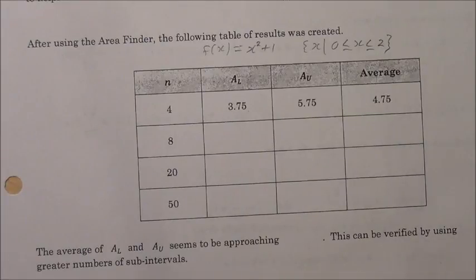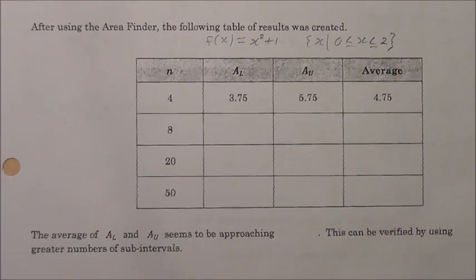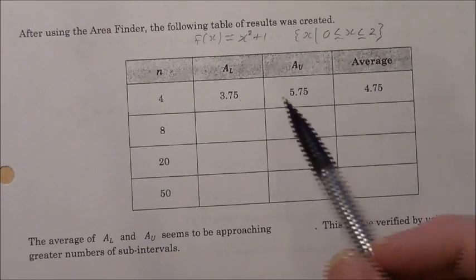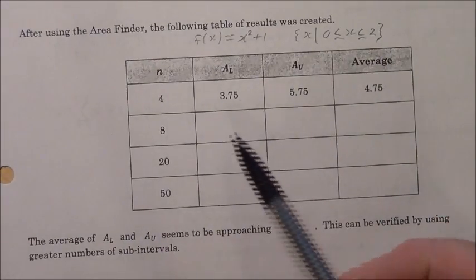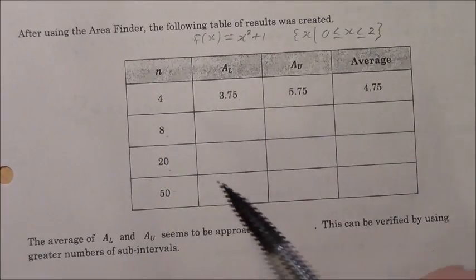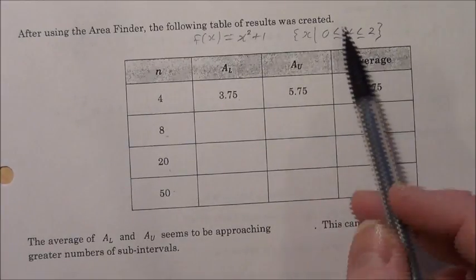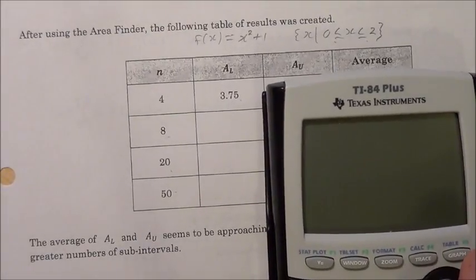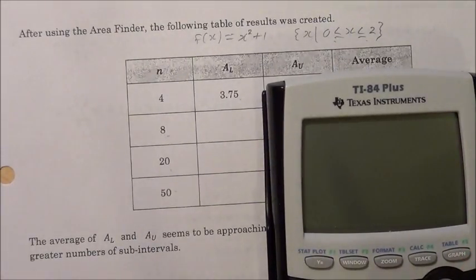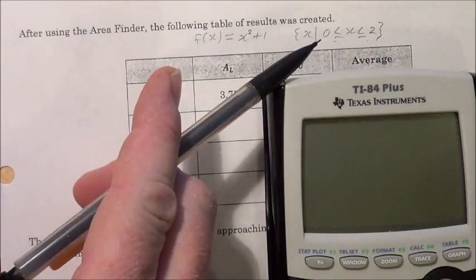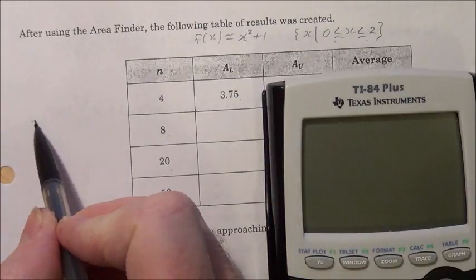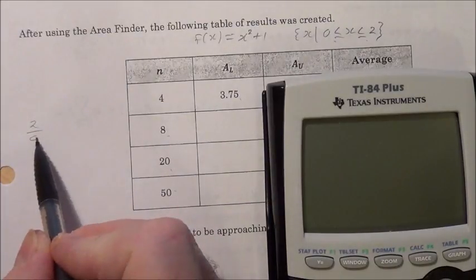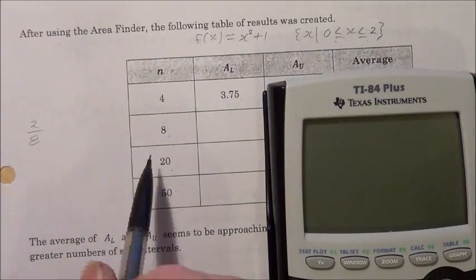Then we used the graphing calculator, or TI-84, to help us with the calculations, because we're looking at larger numbers of strips, larger numbers of rectangles that we're going to break this area up into. Because we want 8 strips, we have the domain 0 to 2, which is 2 units, and we're dividing it into 8 rectangles.